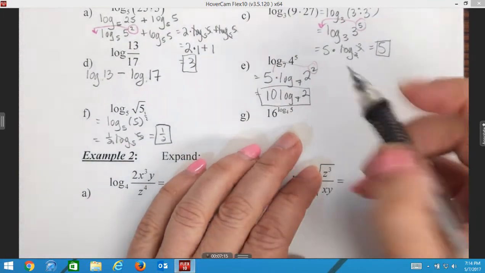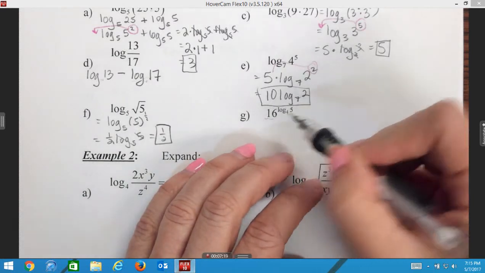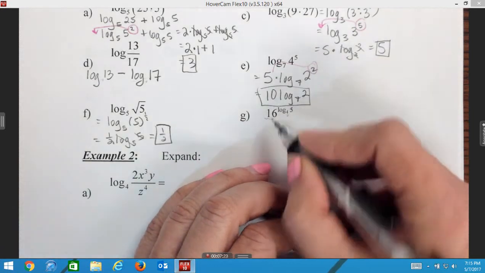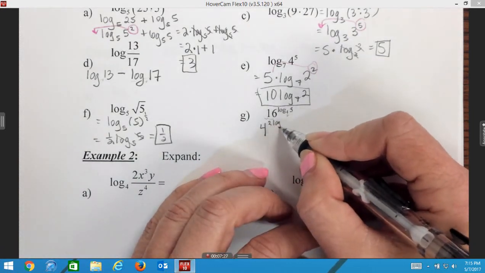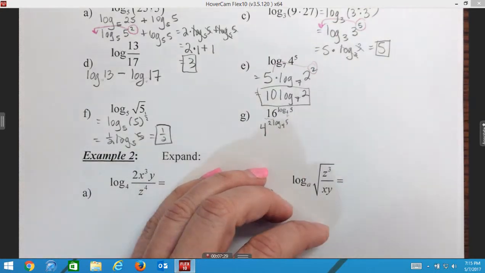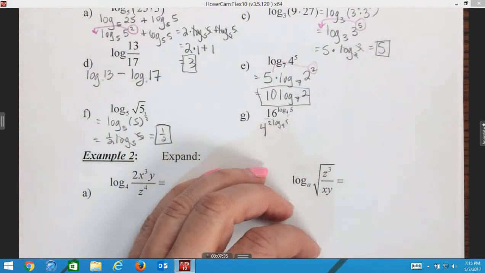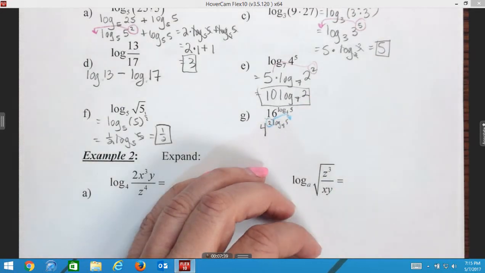And here we have log in the exponent. So I'm going to think about 16 as being, since this is a base of 4, 4 squared. Does that really do anything for me? I can move this squared onto the 5. I can make it an exponent.